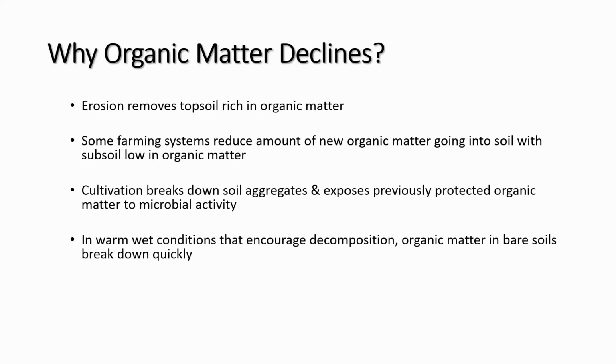In warm and wet conditions, decomposition is speedy. For example, in the upper Punjab, in the lower Punjab, and also in the Sindh part, right now the temperature is too high. If it is too high, then on the top layer of the soil, organic matter decomposition will be high. More temperature, high temperature, the decomposition rate is high.